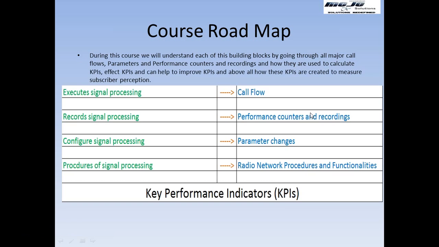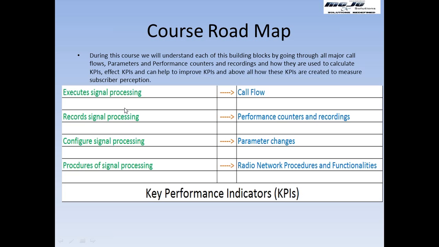So during this course roadmap, as I said, I used the words building blocks of RF optimization. These are the building blocks of RF optimization. What are these? How the signal processing is done, how the call flows work. What is a call flow? What are examples of call flows? What is signal flow?